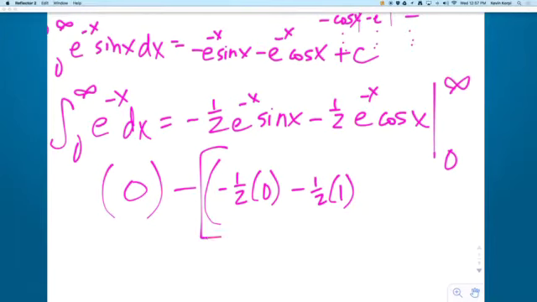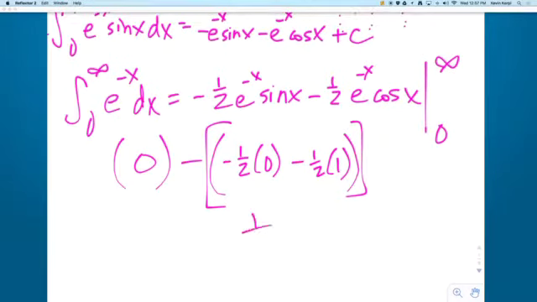Plug in the top, minus plug in the bottom. But when I evaluate now, I have two terms that are minus. So there we go. And if I simplify that, what does all of that come out to be? 1/2. It comes out to be 1/2.